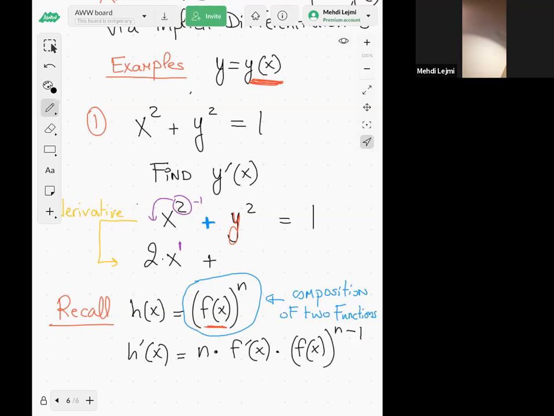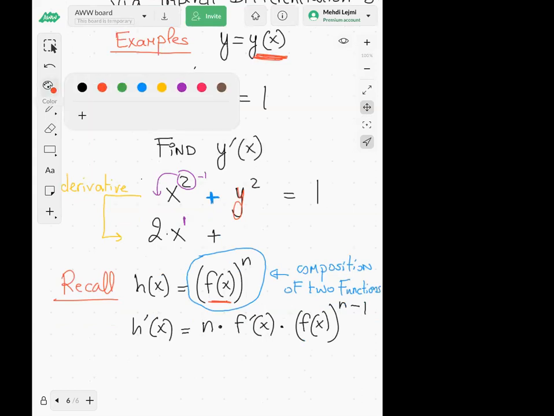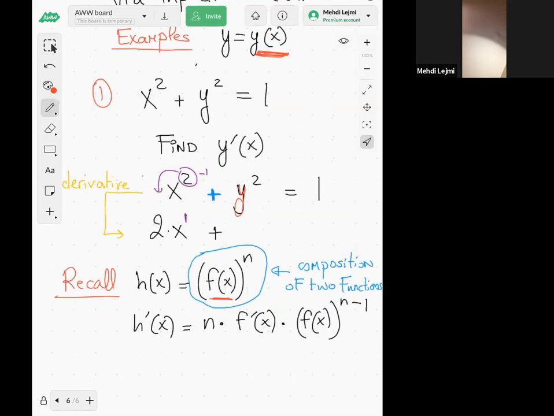So if you have y squared, then your n is equal to 2, so it would be 2 y prime, and then y to the power 2 minus 1, which is y. So the derivative of y squared is actually 2 y prime y.